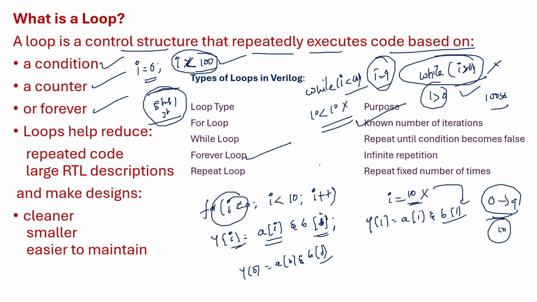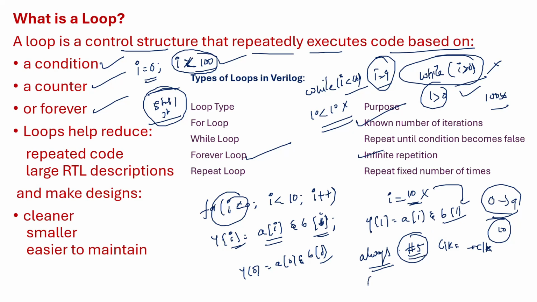Forever loop: this will execute infinite times. I told you the example of always with a 5 nanosecond delay, clock equal to negation of clock. This is my clock generation. This always repeats infinite times at regular intervals of time.